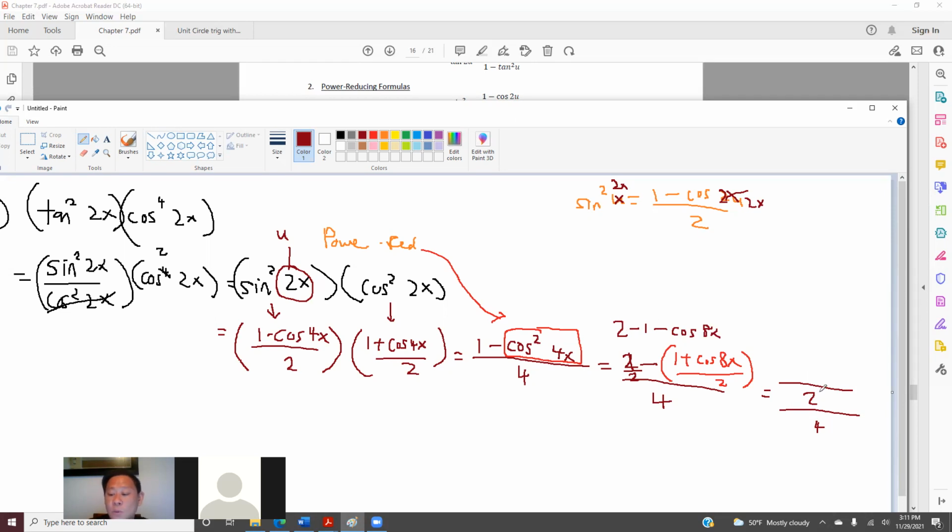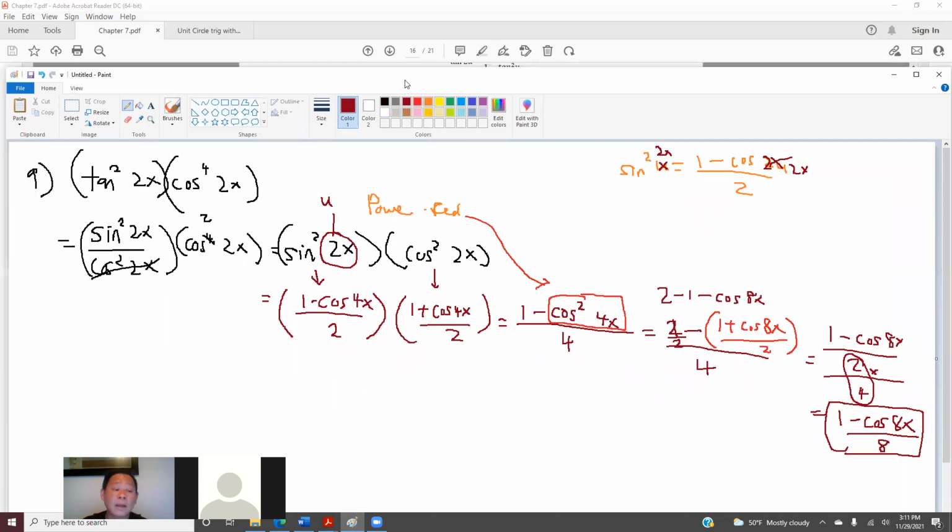And then 2 minus 1 is 1 minus cosine 8x. And then because this is divide, I can multiply this. So this will become 1 minus cosine 8x over 8. So this is your answer for question number 9.